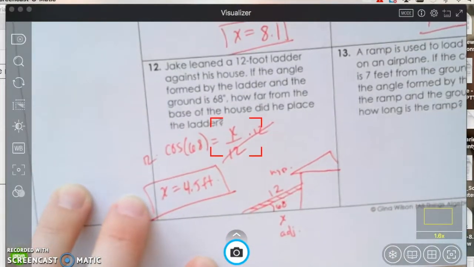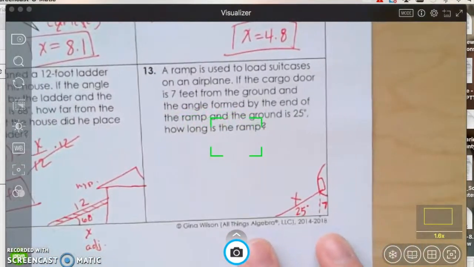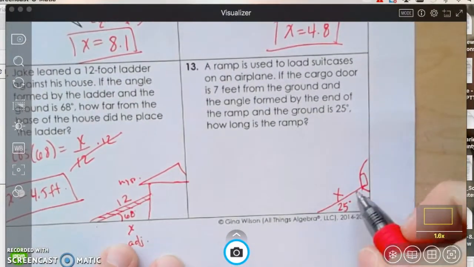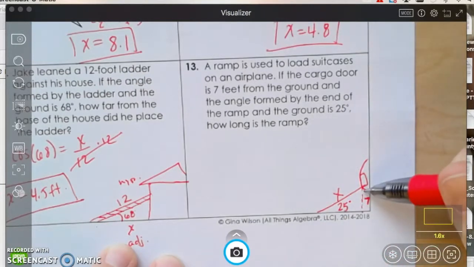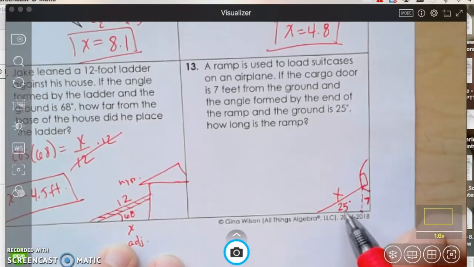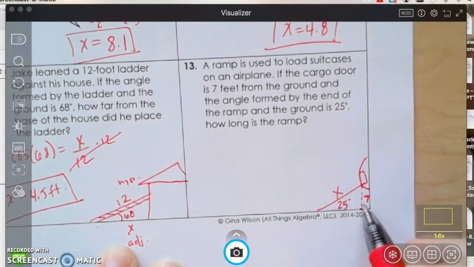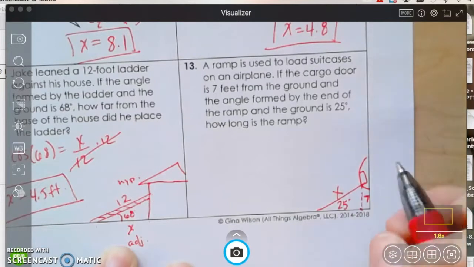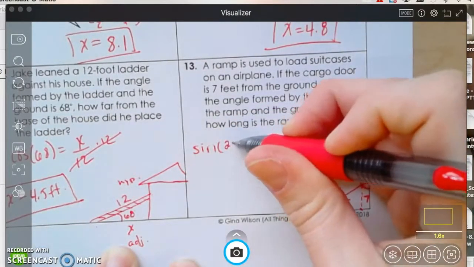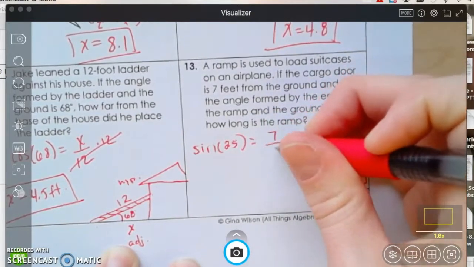All right, last one. 13, a ramp is used to load suitcases on an airplane. So here's my little airplane here. Here's my ramp. If the cargo door is 7 feet from the ground, so I know from that door to the ground is 7 feet, and the angle from the ground and the ramp is 25 degrees, how long is the ramp? So from the angle that I'm given, I have an opposite and a hypotenuse. So that would be sine. So the sine of 25 degrees equals my opposite over hypotenuse.